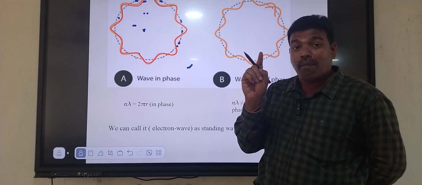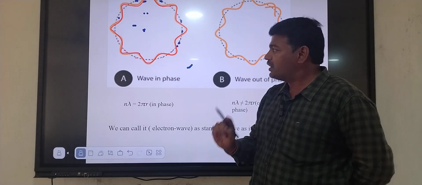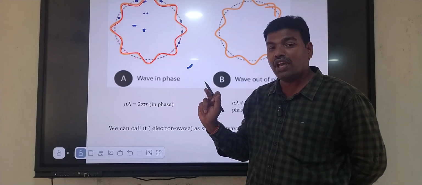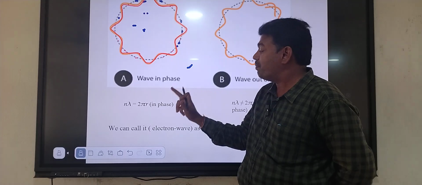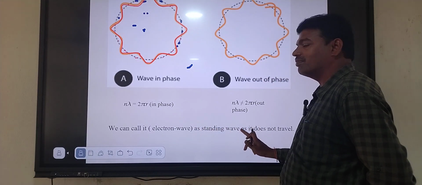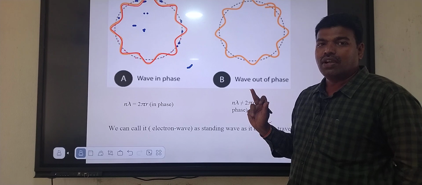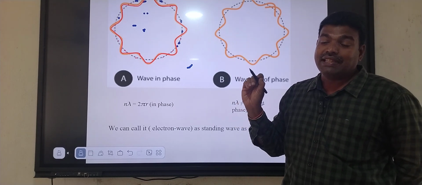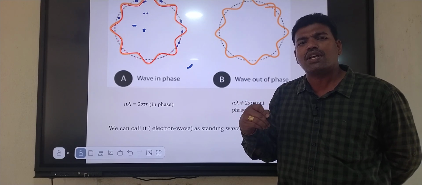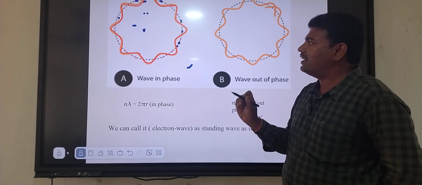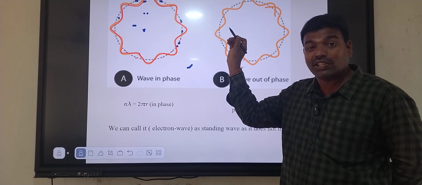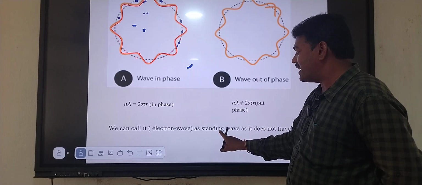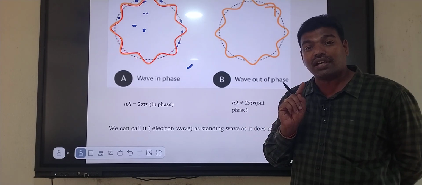And moreover, de Broglie argued that this electron wave behaves like a standing wave because it does not travel. As long as the electron revolves around the nucleus, the wave nature associated with the electron, simply called the electron wave, behaves like a standing wave as it does not travel.